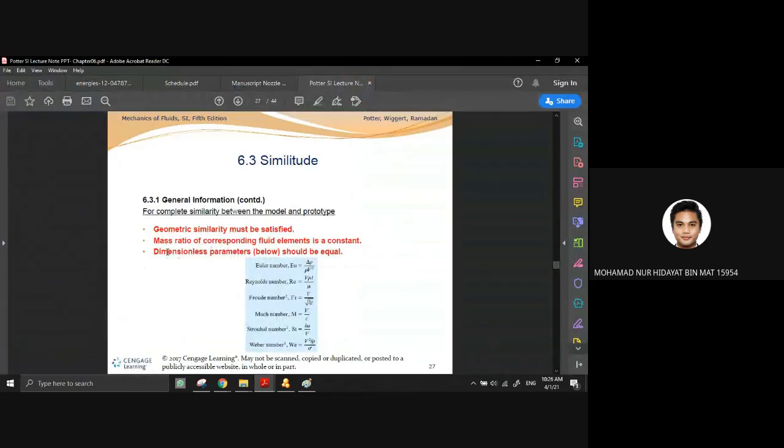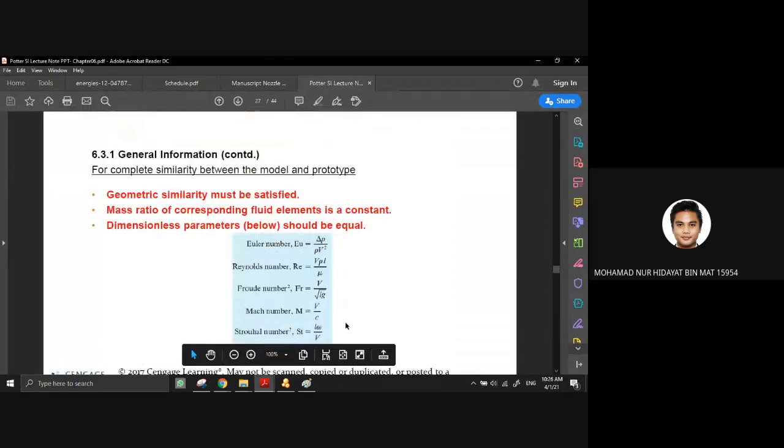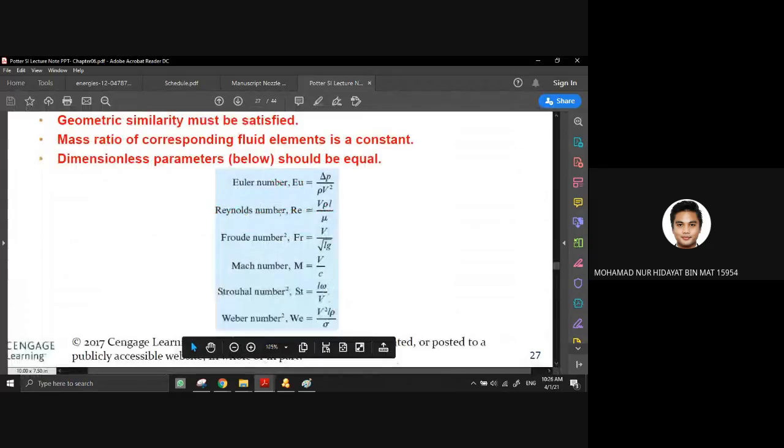Okay, and last but not least, similitude shall have dimensionless parameters. This one is very important as we are going to go further. Remember our common dimensionless parameters: Euler number, Reynolds number, Froude number, Mach number, Strouhal number, and Weber number.